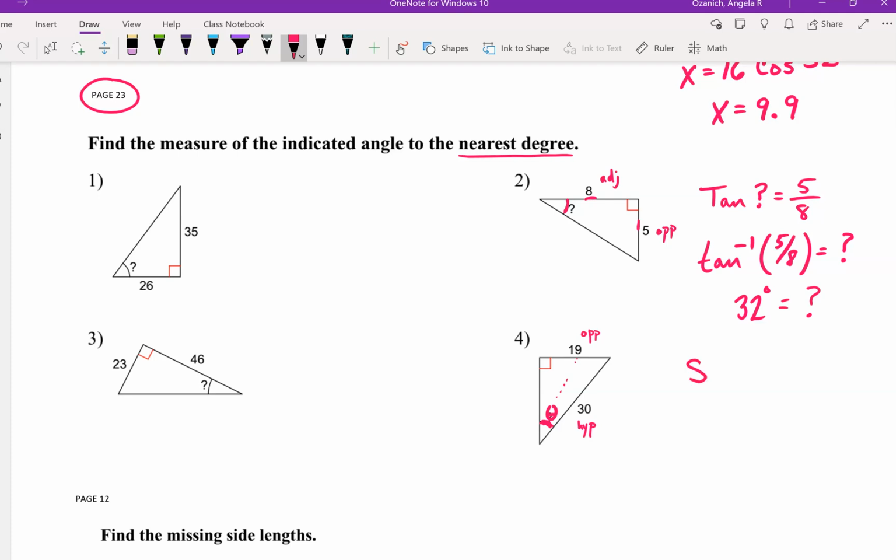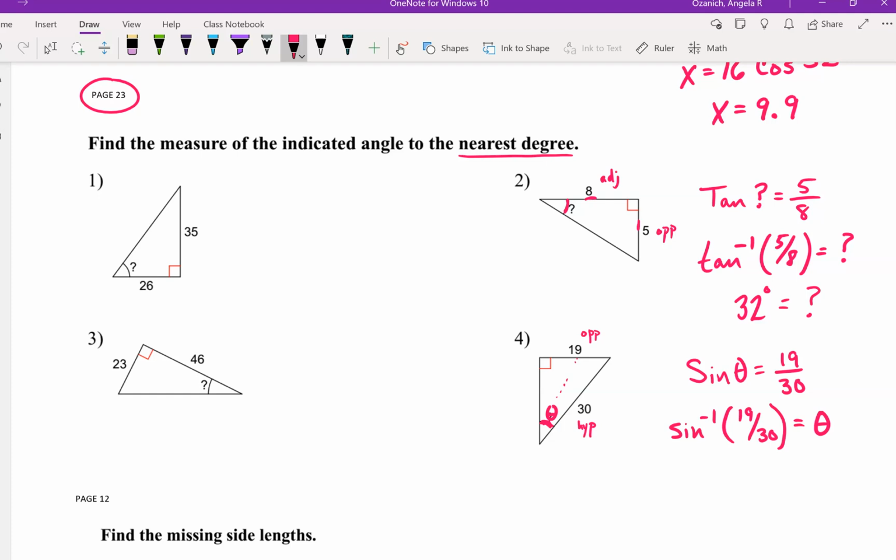Hopefully you guys are thinking, oh, that's the sine of theta is going to equal the opposite over the hypotenuse. And of course, the inverse sine is how we get the angle that is missing. So on your calculators, you're going to take the inverse sine. And hopefully you guys are working right along with me so you can double check your work.